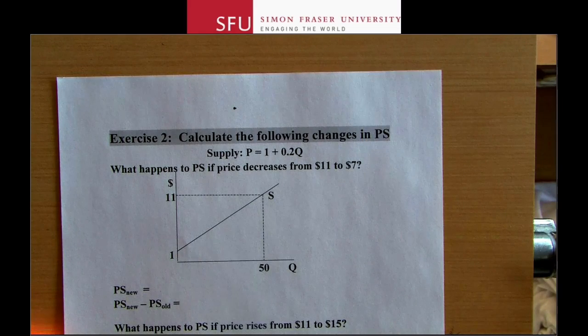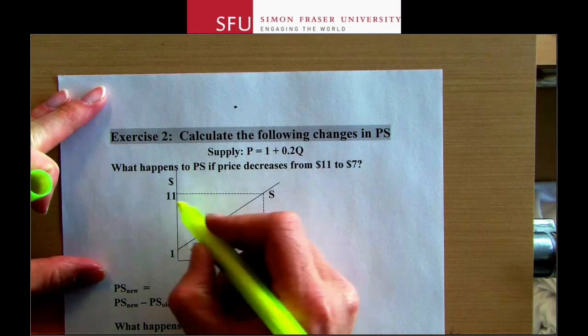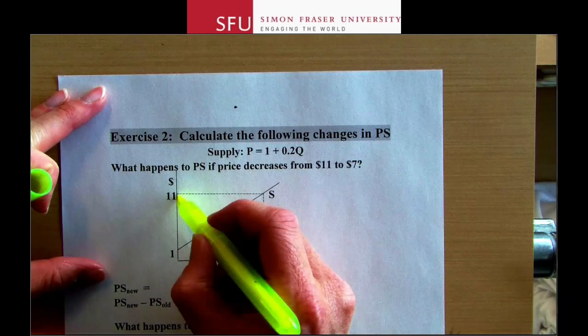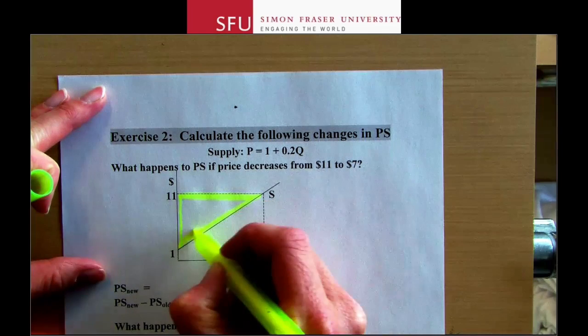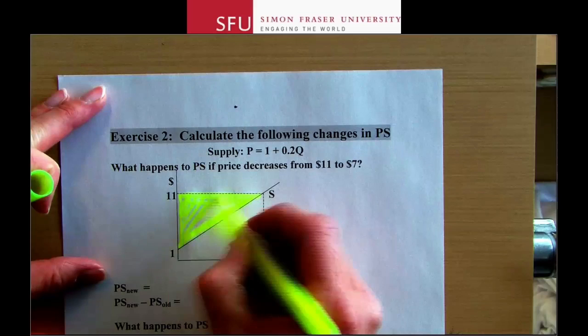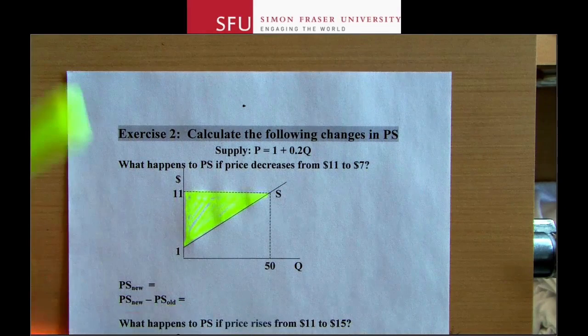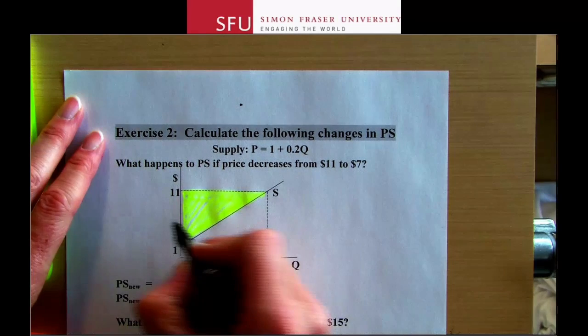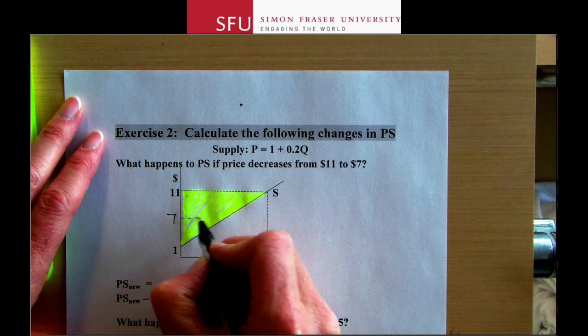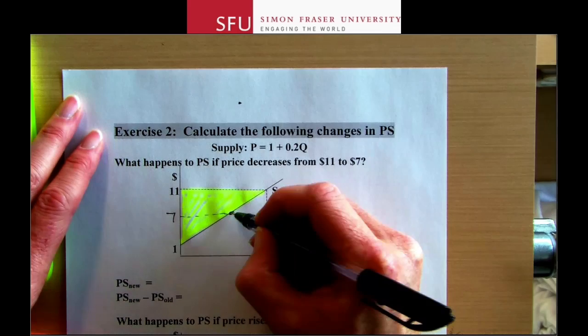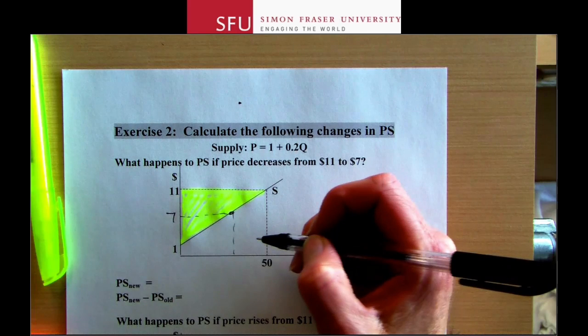So at 11, the producers sold 50 units and they would have got this as their producer surplus. But now the price is 7. Okay, so what we need to do first is calculate what quantity will they sell at the price of 7.